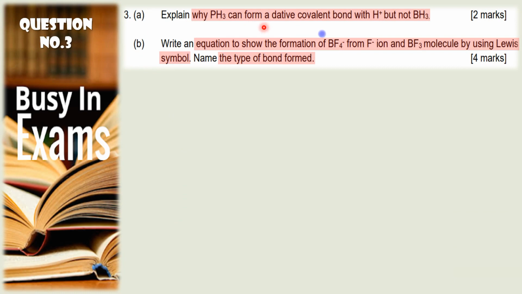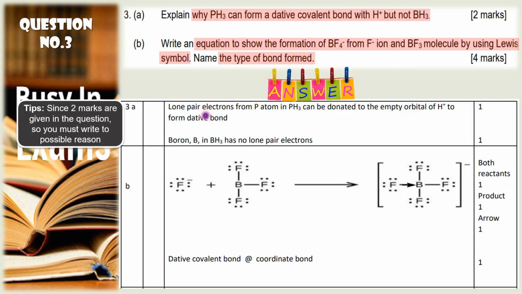Explain why PH3 can form the dative covalent bond with H+ but not BH3. The marks given here are 2 marks. It should have two possible reasons. First of all, the first reason is because phosphorus has a lone pair, so that's why it can donate the lone pair to the empty orbital of the H+ ion.